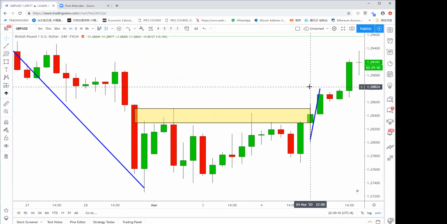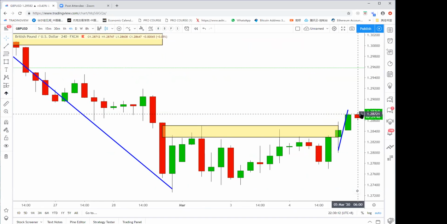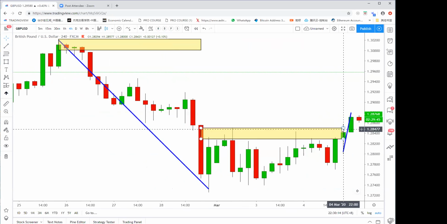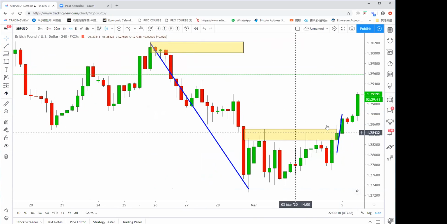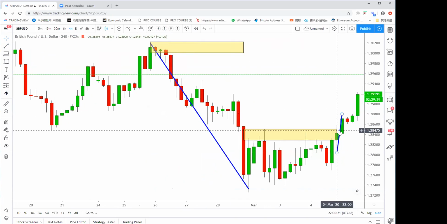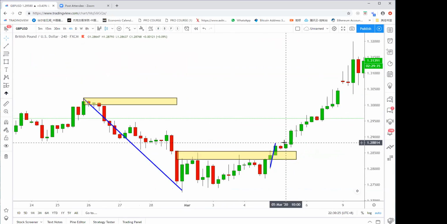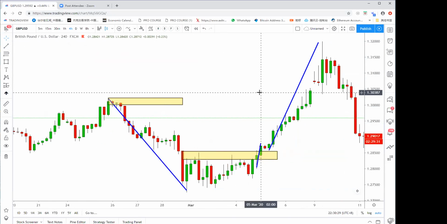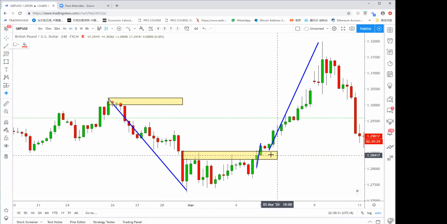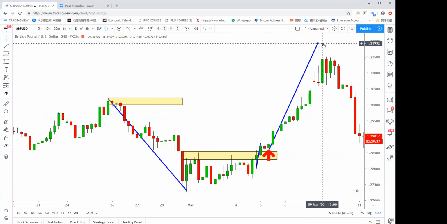I sent my chart about here. I said sterling breaks up 1.2850, we can buy. Why? Because it has already passed the consolidation period and now it gives direction. And you can see, wow, this is a huge rally. If you captured this trade, it gives you about 400 pips.